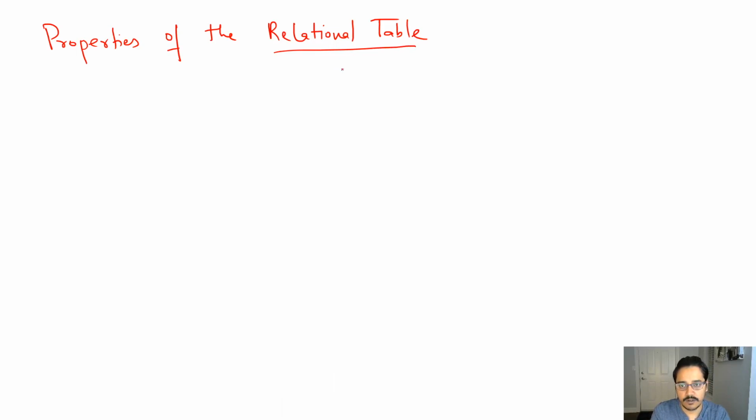And there are a certain set of properties for a table to be called relational. Okay. And that is what makes it different from those models like NoSQL models, which are basically schemaless, or don't have any particular structure within that aspect. Okay. So these properties are as such. Any relational table is a two-dimensional structure with rows and columns.